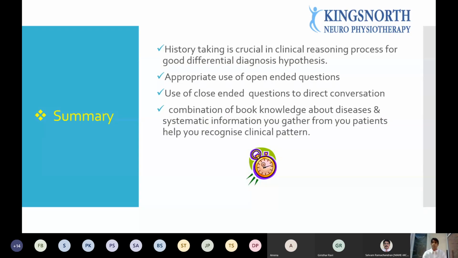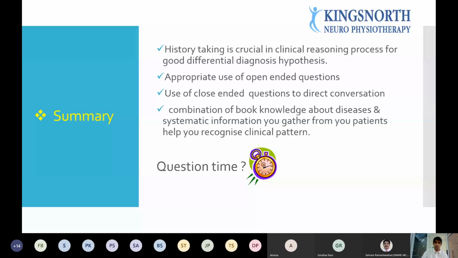There is a clinical reasoning process behind this, and it's good to use appropriate open-ended questions, and use of closed-ended questions is highly recommended when we are having a direct conversation to drive it to particular things. It's important to have a combination of book knowledge and knowledge of patients, and develop that clinical pattern recognition. So that is my learning.